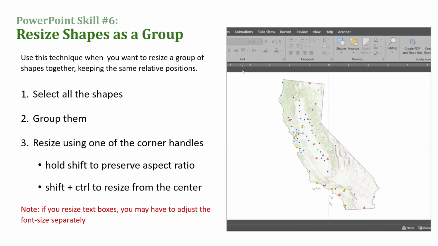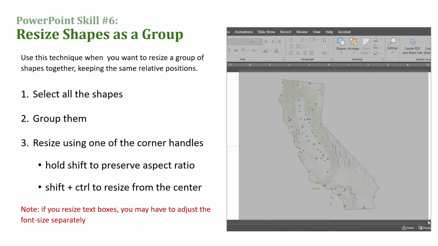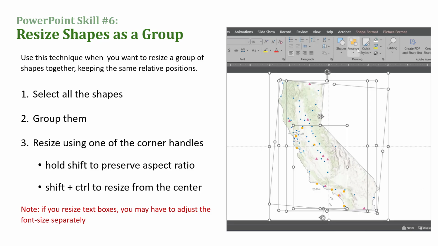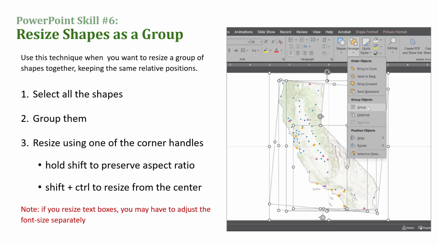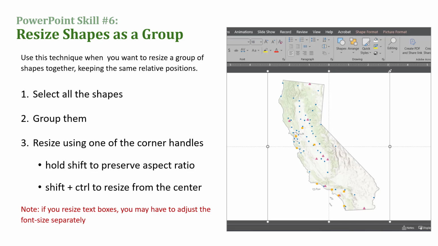Finally, at the end of your map design, you probably will want to get this map that you've designed into another slide deck. To do that, the general process will be to select all the shapes, and you can draw a marquee selection using the drag around to select all of them, and then just group them together so that when you resize them, they will all be resized together.